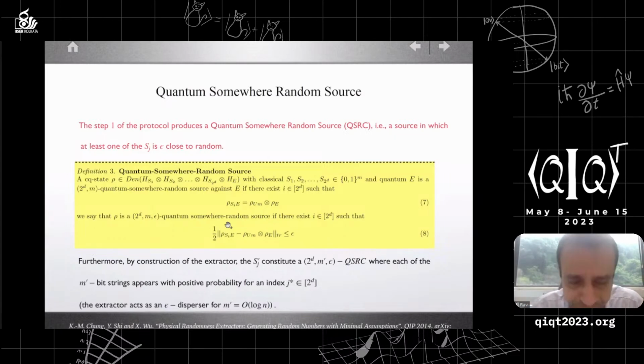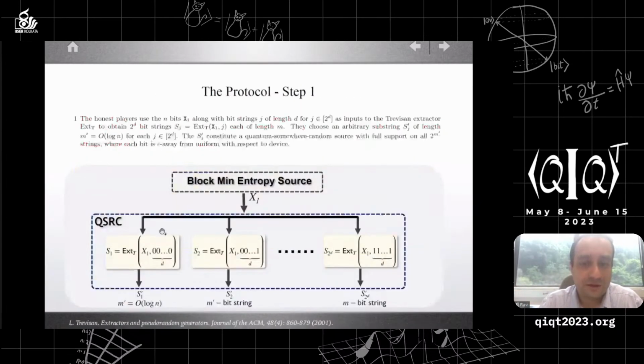So that's a classical procedure. We can prove in this first step that in these bit strings S1 prime, S2 prime, all the way to S_{2^D} prime, there is somewhere in one of these positions, we do not know where because we do not have much information about X1, but we can prove that at least one of these bit strings has this amount of randomness, is epsilon away from uniform, and moreover, it is a full support bit string, which means that every bit string of this length has a non-zero probability of appearing.